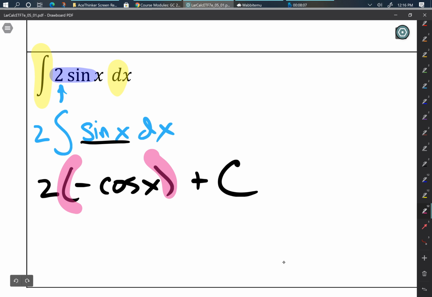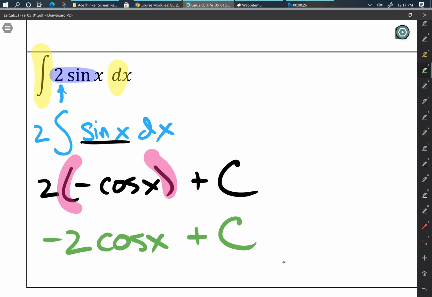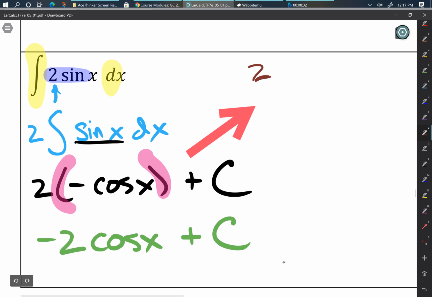Now, I want to make a point to talk about something here. These parentheses right here, while not necessary, should be there because I have seen way too many times people make the incorrect next step and not get this as their final answer because they neglected those parentheses and somehow incorrectly this just turned into 2 minus cosine x plus c.